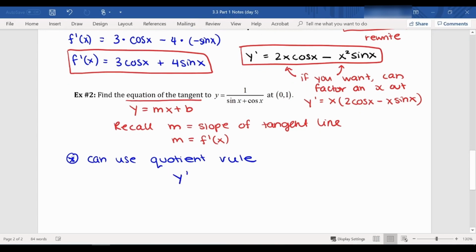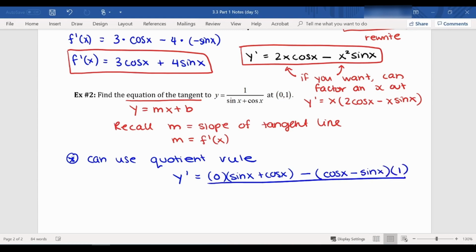We're looking for y prime so that we can find our slope. Our derivative of the top is 0. Our derivative of the bottom is sine x plus cosine x minus the derivative of the bottom. So the derivative of the bottom, the derivative of sine is cosine. The derivative of cosine is negative sine times the top all over the bottom squared.